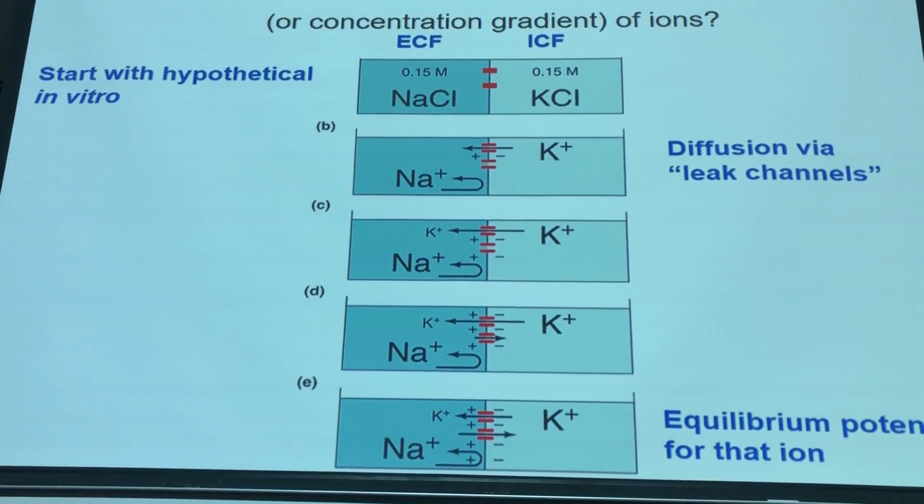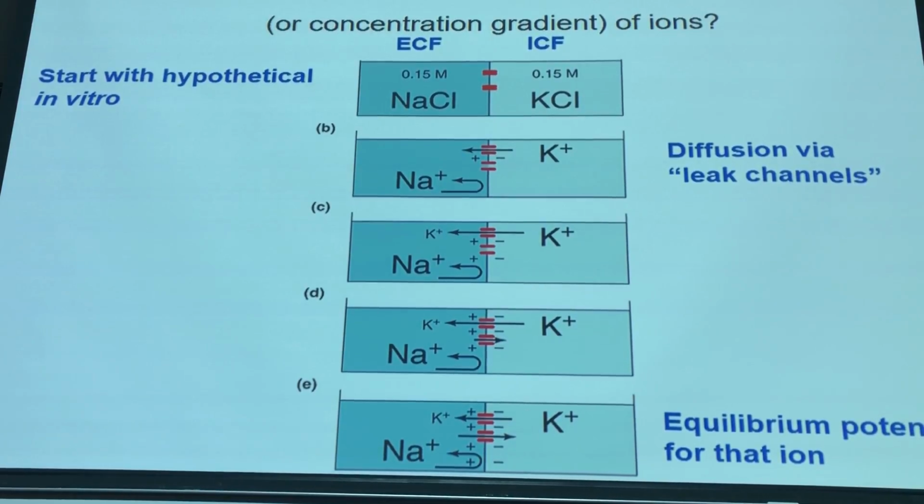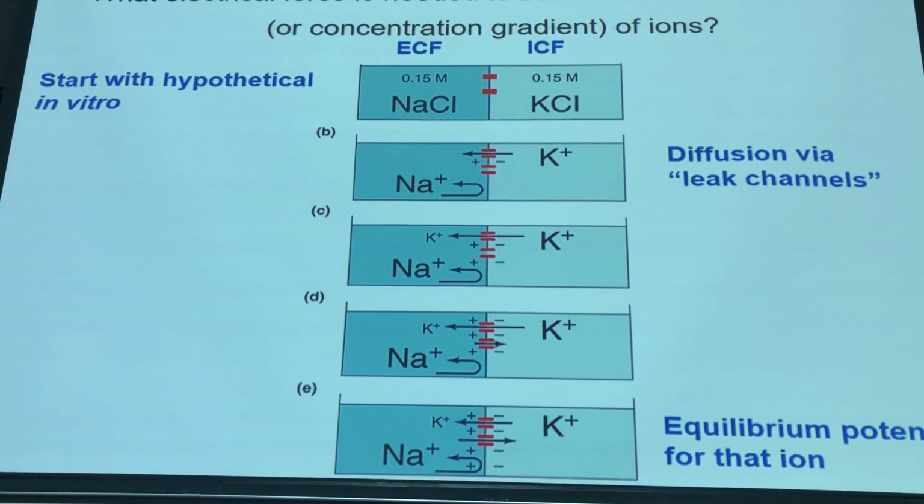So we're going to start with, I call it a hypothetical in vitro. So in vitro means in the lab, in the dish, outside the body. In vivo means in the body, okay? So we're going to start with just one ion. Again, just for explanation purposes, we're going to start with potassium, okay?